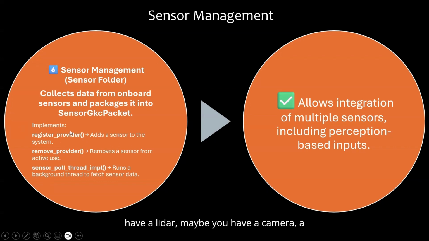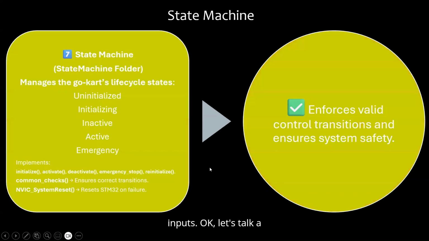You know, maybe you have a LiDAR, maybe you have a camera. It also has remove provider, which removes a sensor from active use, and a sensor pull thread implementation, which runs a background thread to fetch sensor data. So this allows integration of multiple sensors, and this includes perception-based inputs.